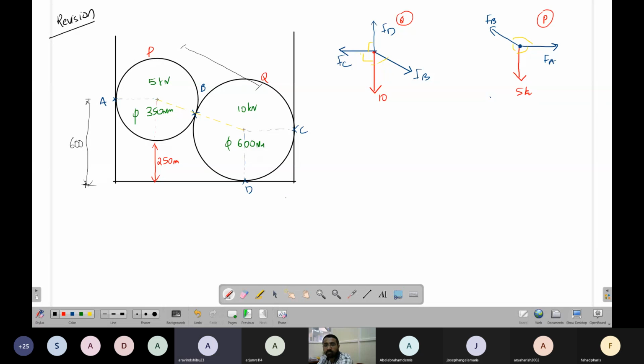It is not 600, because 350 is the diameter of this. So what is it? Sir, 475. So 250 plus 175, that is 475.